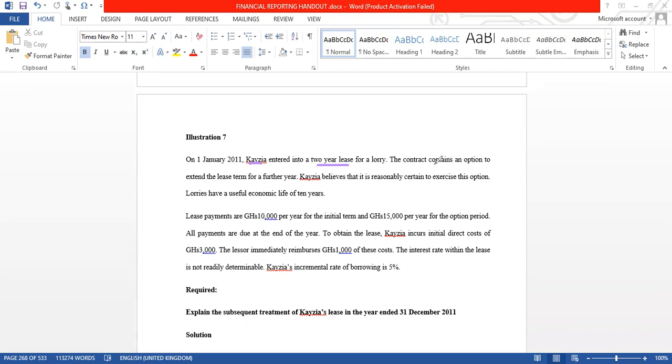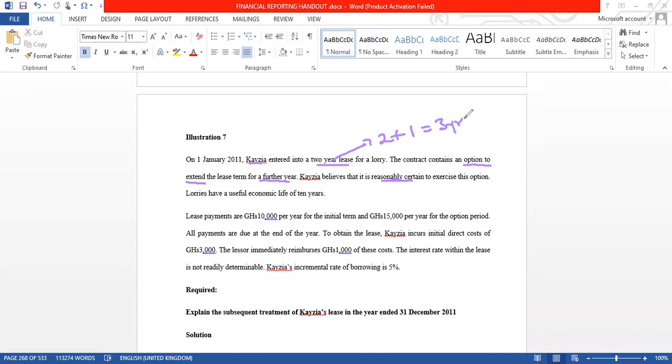The contract contains an option to extend for a further year. I hope you remember things about option to extend. Kezia believes that it is reasonably certain that she will exercise it. So right there, remember what we said about the lease term. It means we will have these two, and because this one is reasonably certain, we need to add it to make a 3-year lease.